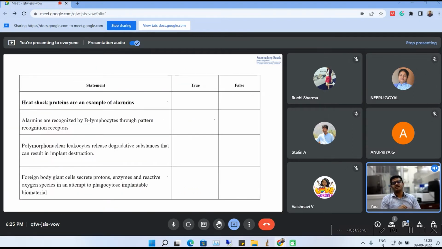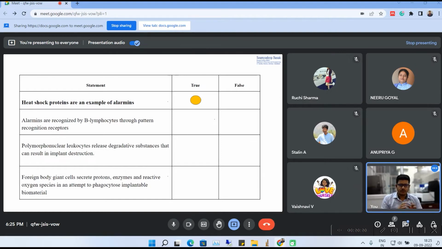Alright, so this is a true-false question that I asked. The first option: each of proteins are an example of alarmins. Is it a true or false statement? What are alarmins?